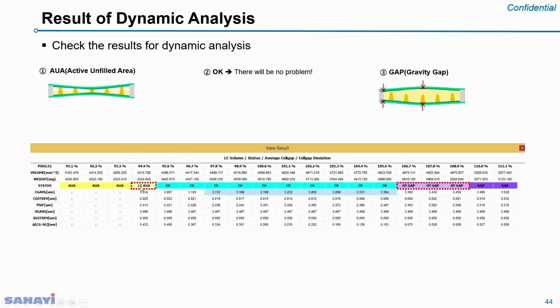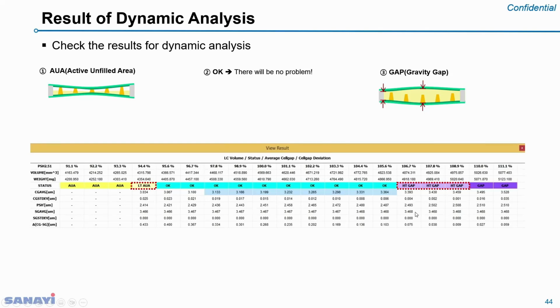Sometimes LTAUA or HT gap will be shown in the following figure. LTAUA means the status of dynamic analysis is okay at normal temperature, but AUA at low temperature.